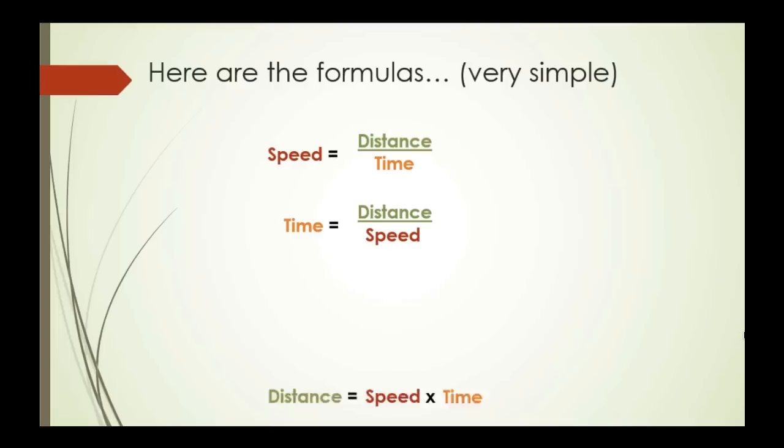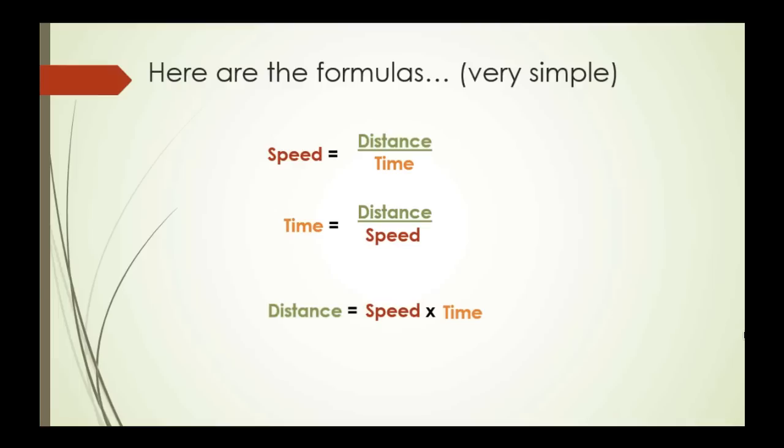So here are the formulas, and they're very simple. Speed equals distance over time, we know that. If you work around the algebra, which you'll learn about in 8th or 9th grade, you'll find that you can reorganize the variables so that time equals distance over speed. Or lastly, if you have speed and time, we know that distance equals speed times time.